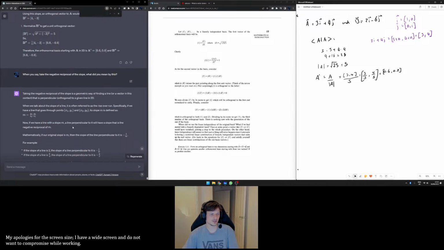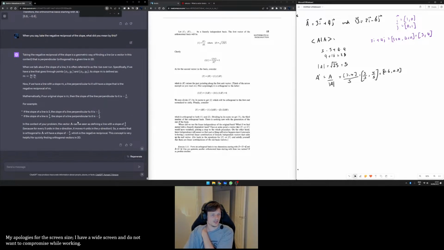Now if we have a line with a slope m, a line perpendicular to it will have a slope that is the negative reciprocal of m. Mathematically, if our original slope is m, then the slope of the perpendicular line is minus 1 over m. If the slope of a line is 2, the slope of a perpendicular line is minus 1 over 2. If the slope is 3 over 4, the perpendicular slope is minus 4 over 3.